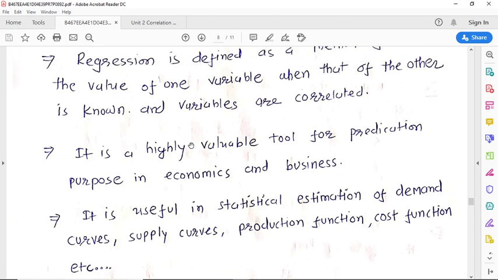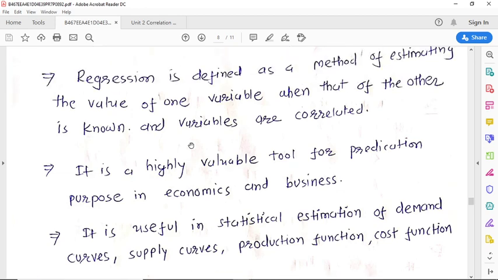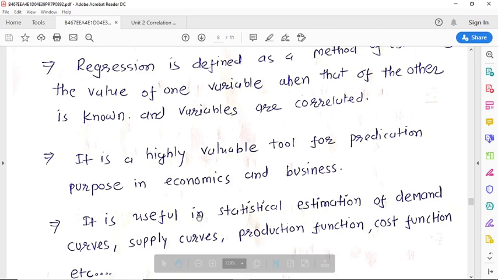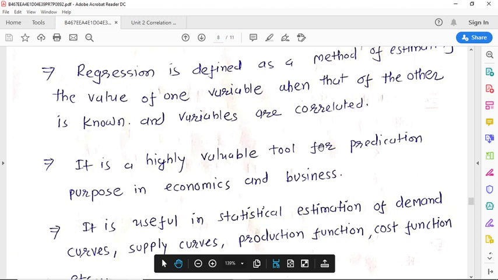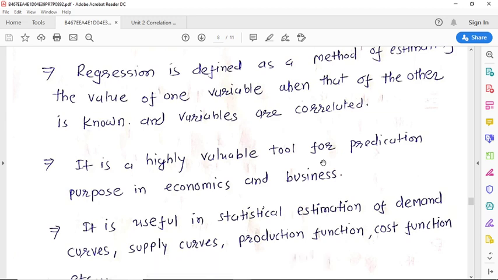It is a highly valuable tool for prediction purposes in economics as well as in business. As we checked in the example, a manufacturing company has data for advertisement as well as its sales, so we need to predict the values by using the regression data.